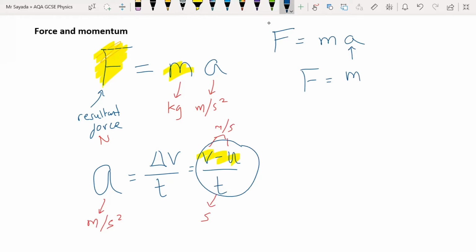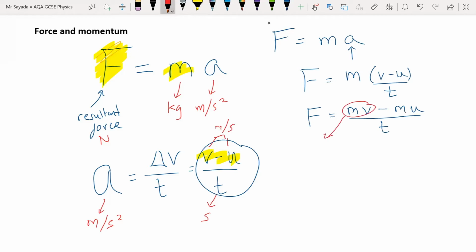If I multiply out this bracket, F equals mv minus mu over t. Now, mv is the final velocity. That's the final momentum, not the final velocity. And mu is the initial momentum, the starting momentum.